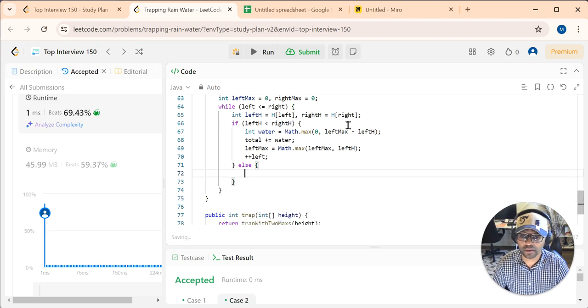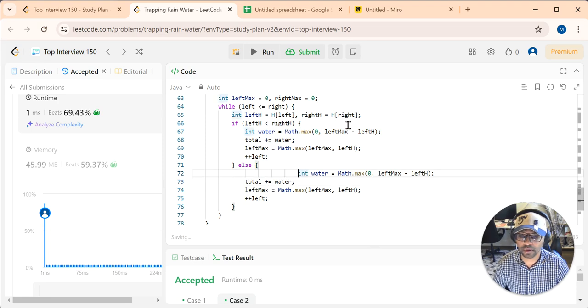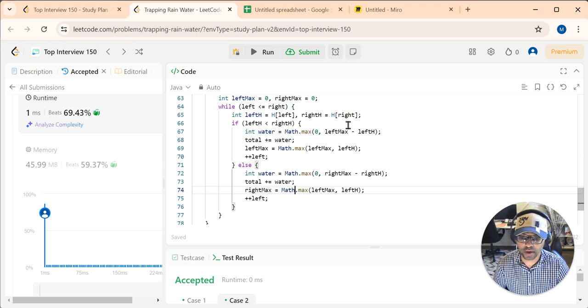So, 1 second. Okay, so here we say water is rightMax minus right edge. Yes, same thing, rightMax minus right edge. Okay, and total plus equals water, and now we update rightMax. rightMax is equal to the max of rightMax and the right edge.